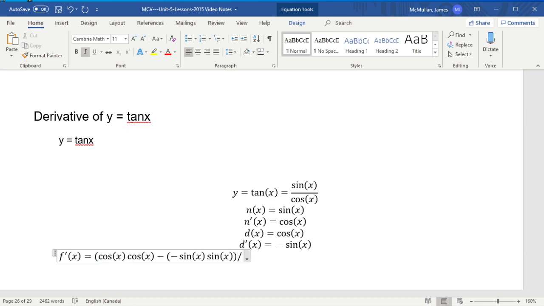And all of this is over cos squared x. Did I forget to close a bracket here? Yeah, I did. Okay, all of this is over cos squared x.